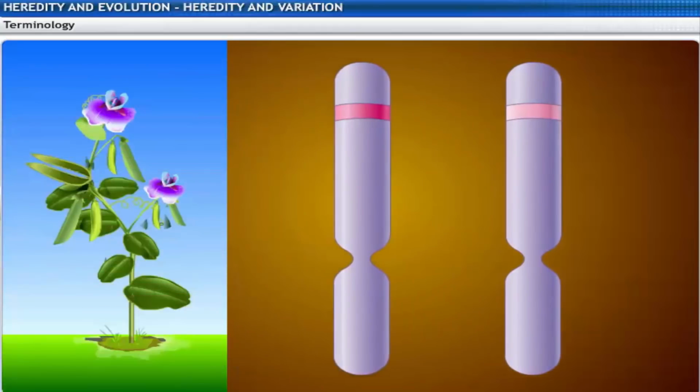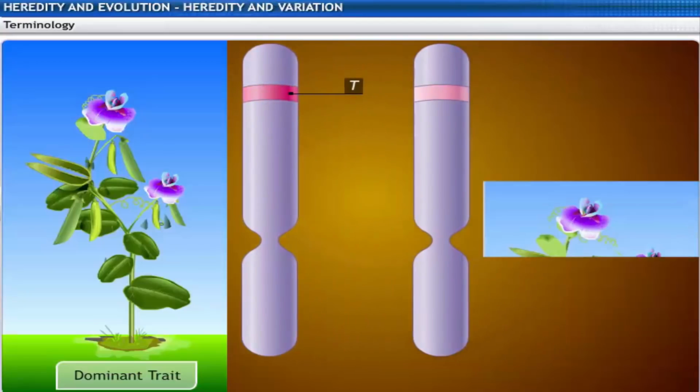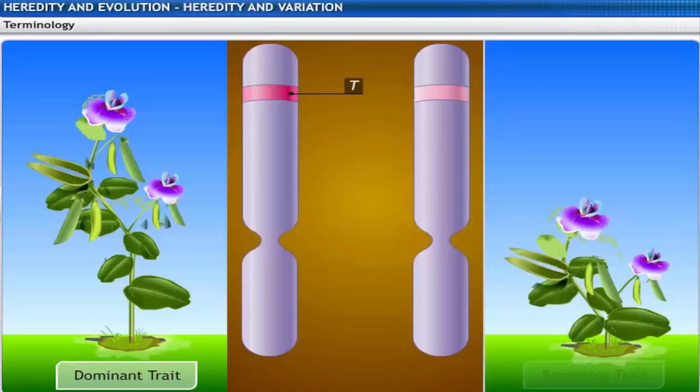Tallness in a plant is a dominant trait, controlled by a dominant allele, and is represented by the uppercase T. Shortness in a plant is a recessive trait, controlled by a recessive allele, and is represented by the lowercase t.